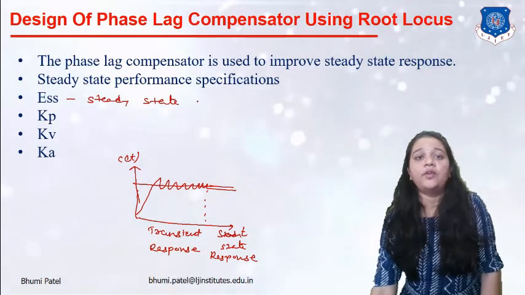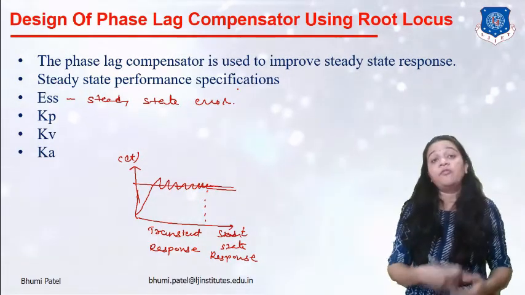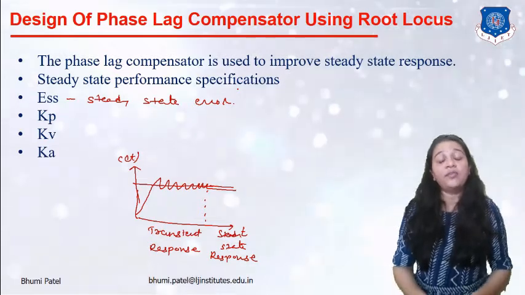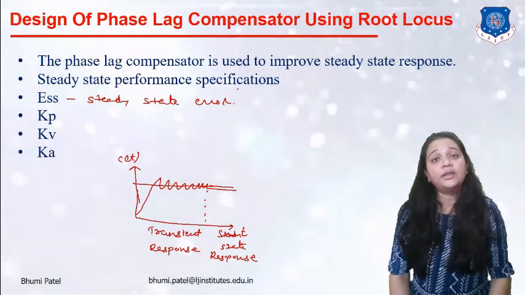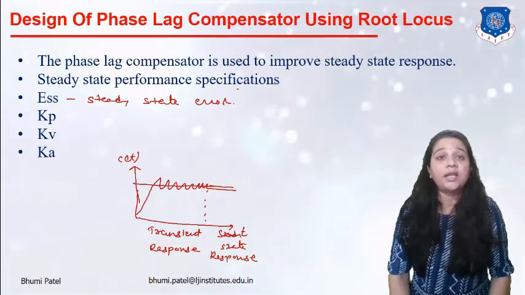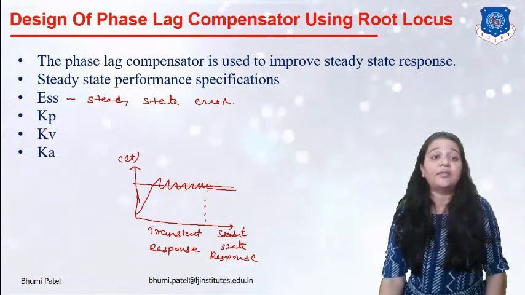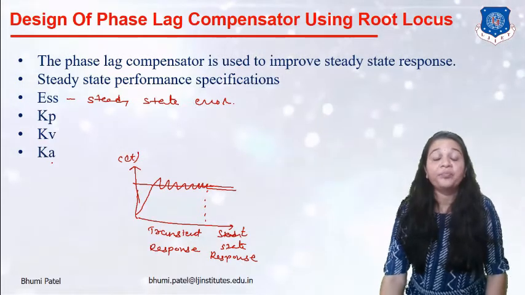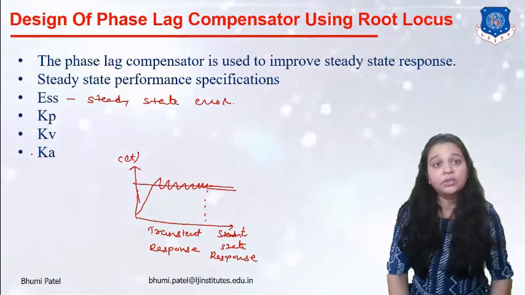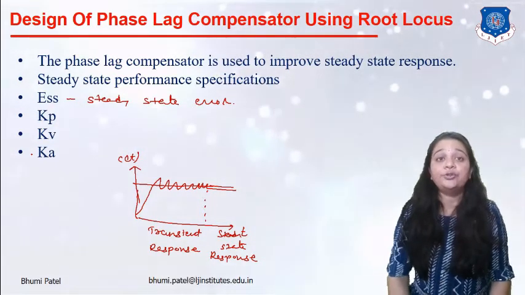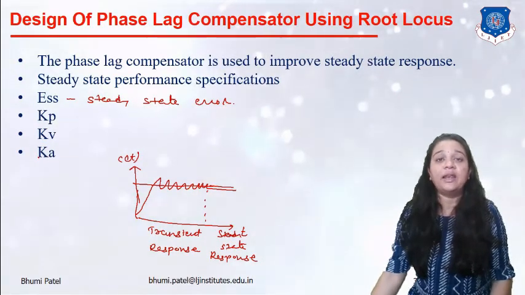If we minimize the steady state error, or if the steady state error is equal to 0, meaning no error is generated in the system, at that time we can design a phase lag compensator. Also in the steady state region we get the values of Kp, Ka and Kv. For better performance of the system, we can change the values of Kp, Kv and Ka using the phase lag compensator. So this is the basic idea of the phase lag compensator.